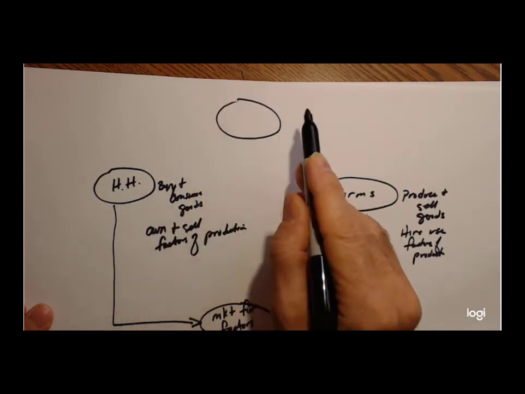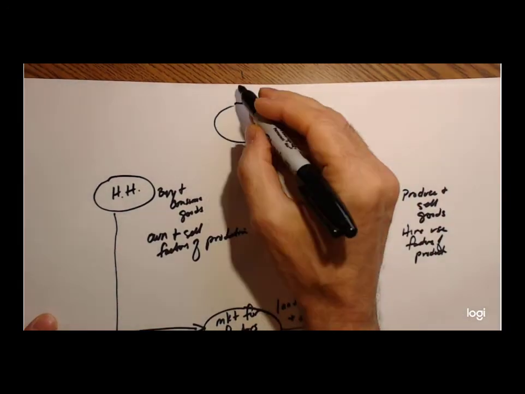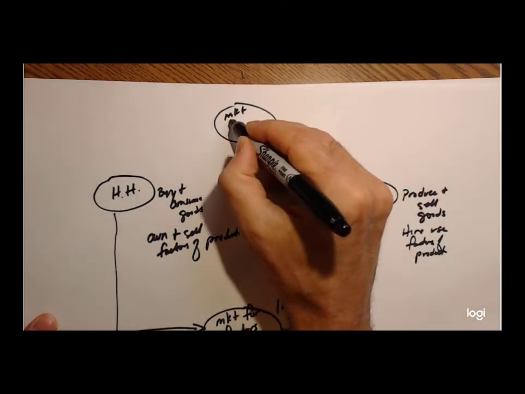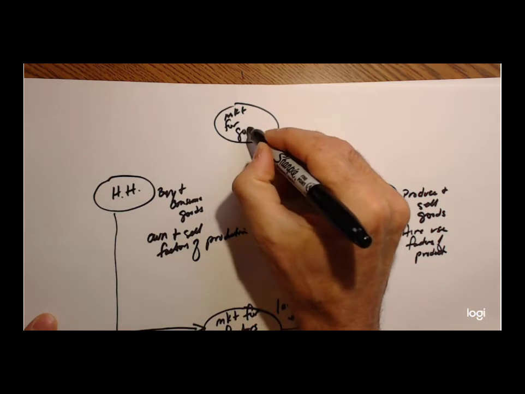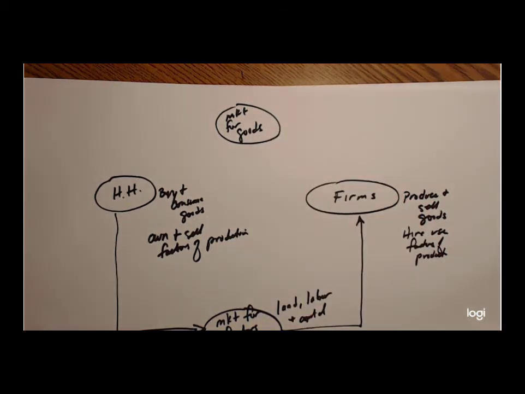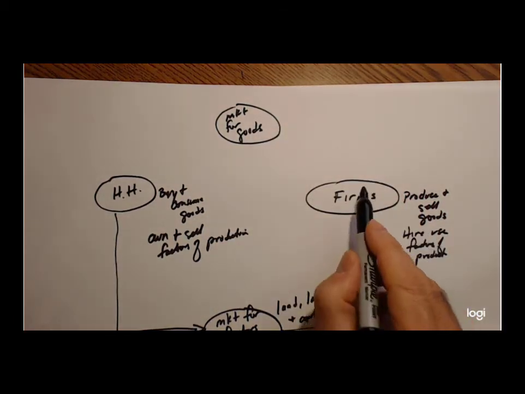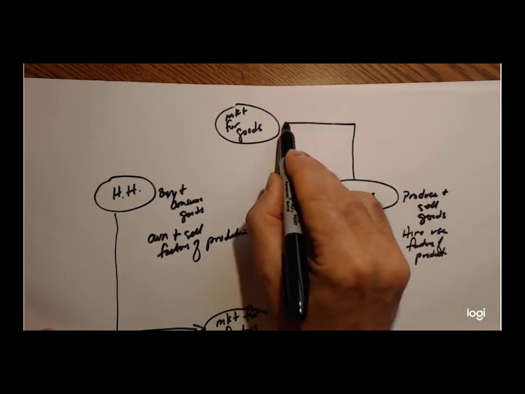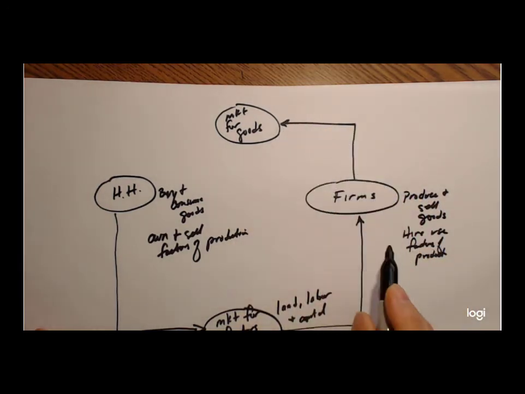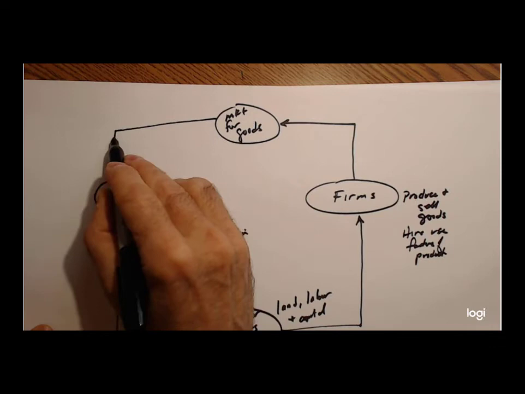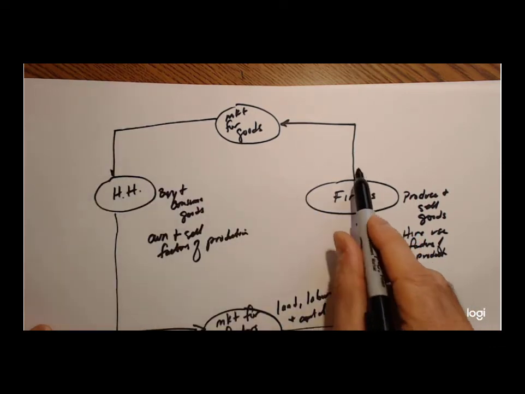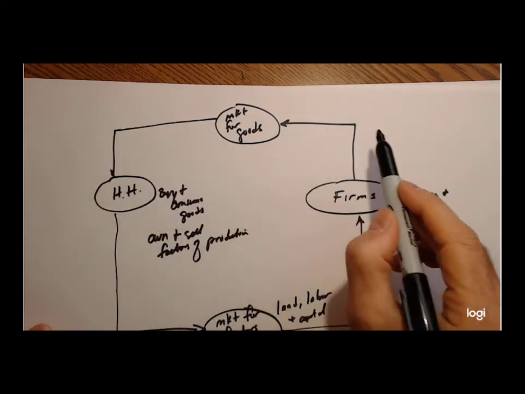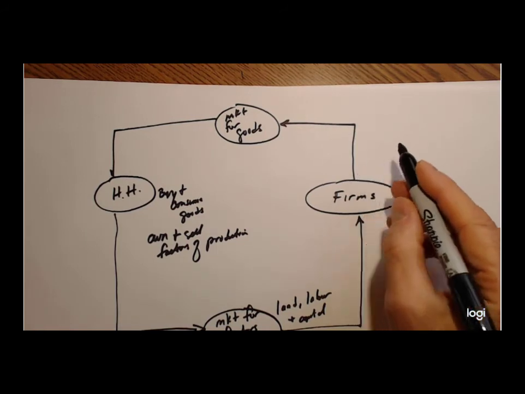Well, what we're going to do here is we're going to have a market for goods. And that market for goods is where firms are going to sell their goods and households are going to demand it. So you can see the goods are going from firms.